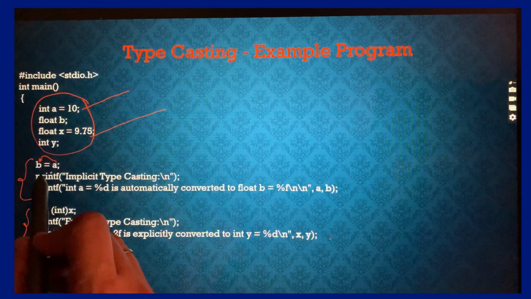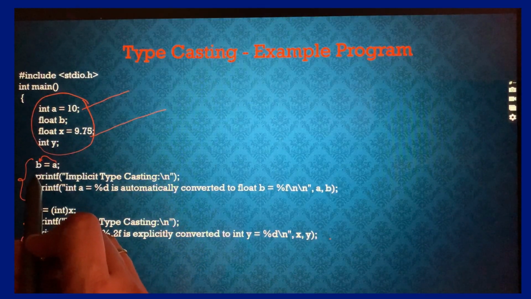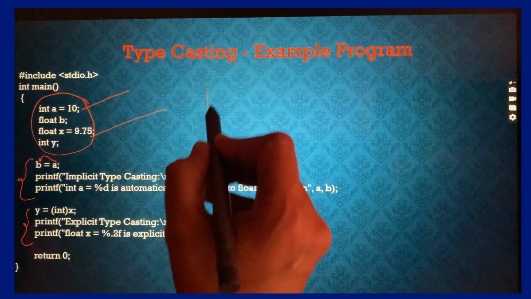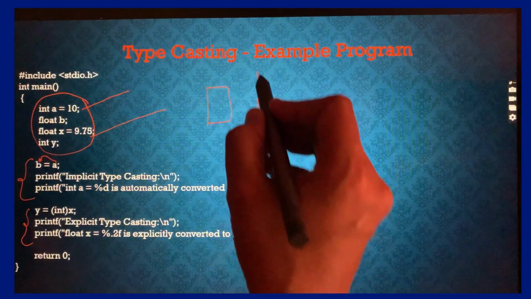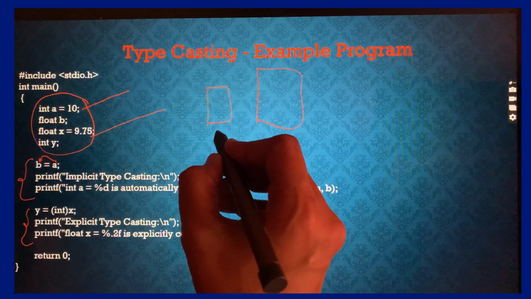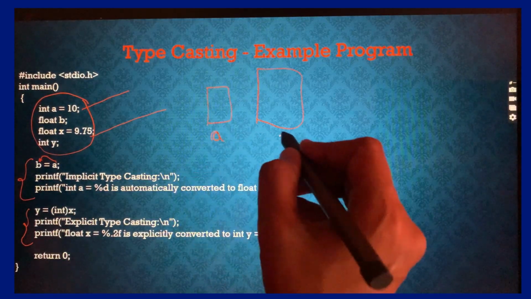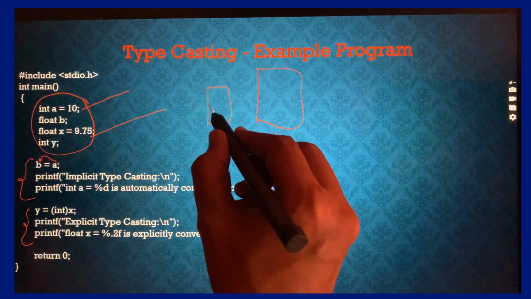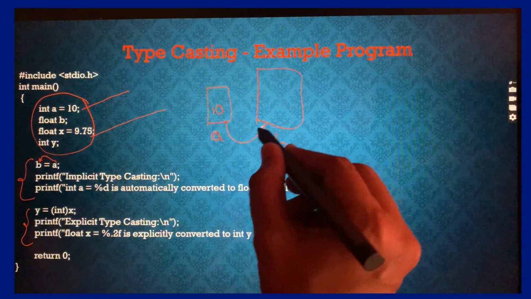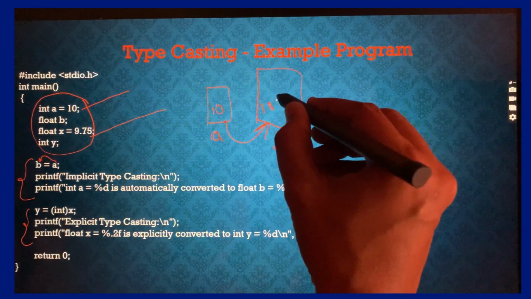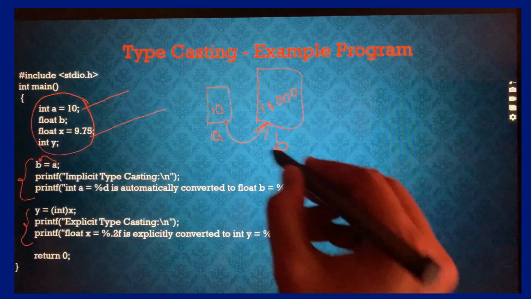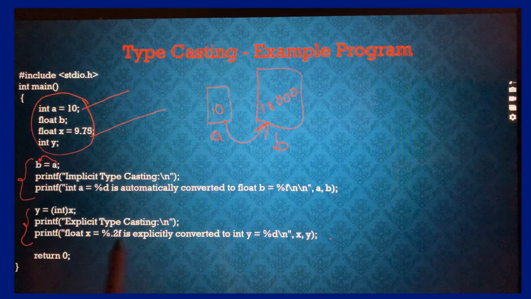So 10 will be directly stored in B because A is integer and B is float or double. So now the value of A, 10, is stored in B. So the value will directly get stored in B. This is called implicit typecasting.